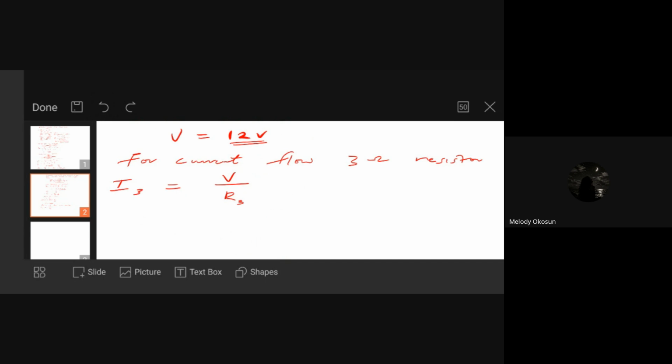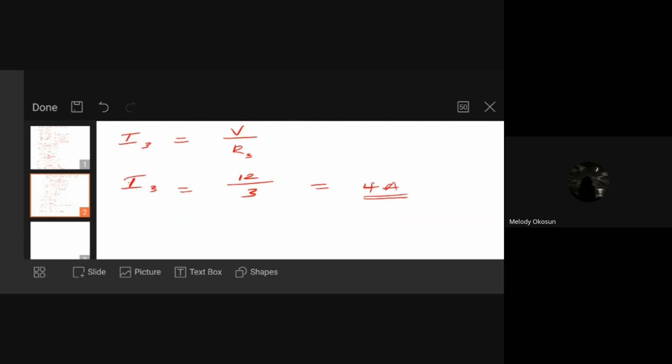So I3 is equal to 12 volts divided by 3 ohms. If you divide 12 by 3, that will give us 4 amperes. So the current flowing through that 3 ohm resistor is 4 amperes. That's how we do it.